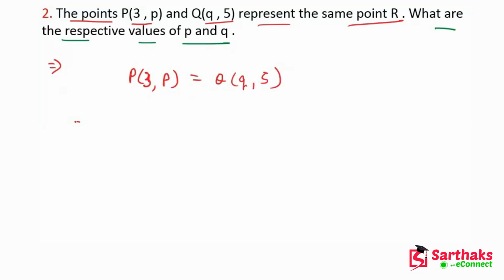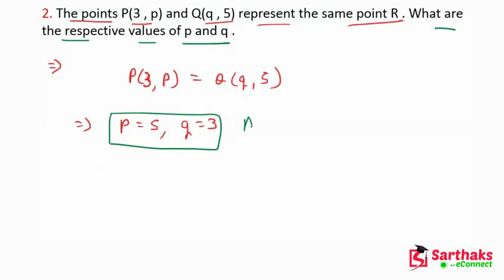From this we can write p equals 5 and q equals 3. I hope you understand these things. This is the answer of this question.